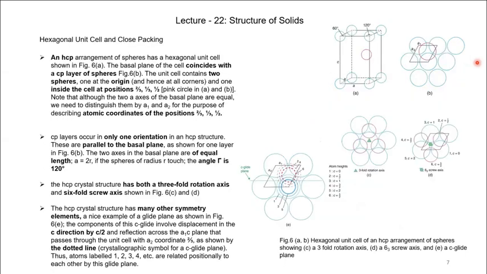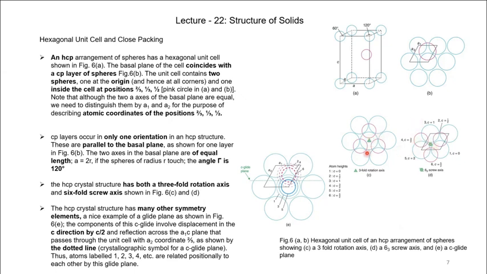Now we also have the hexagonal unit cell or hexagonal close packing. Here is a figure where we can see the hexagonal arrangement. If we arrange it like this, we will have a threefold rotation axis as well as a sixfold rotation axis.